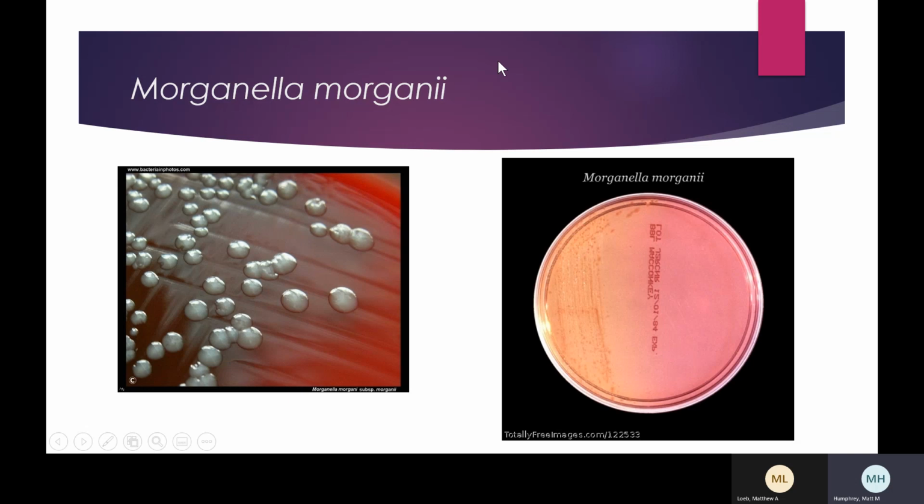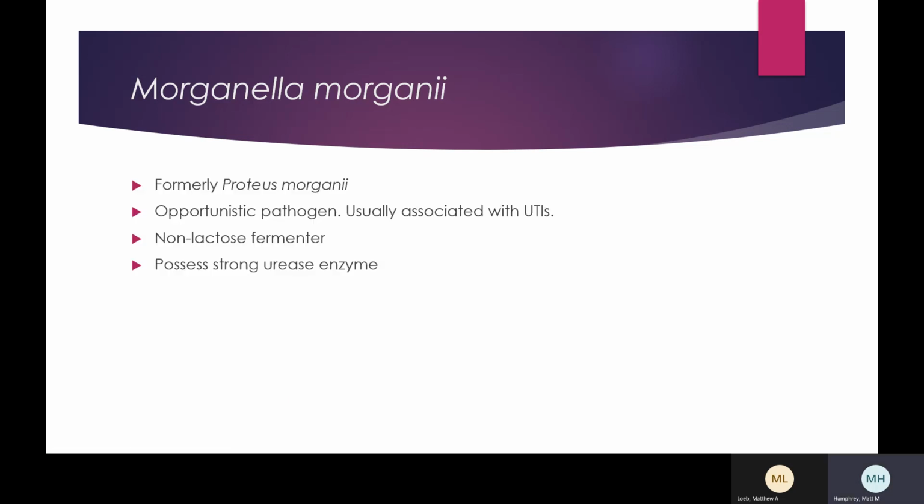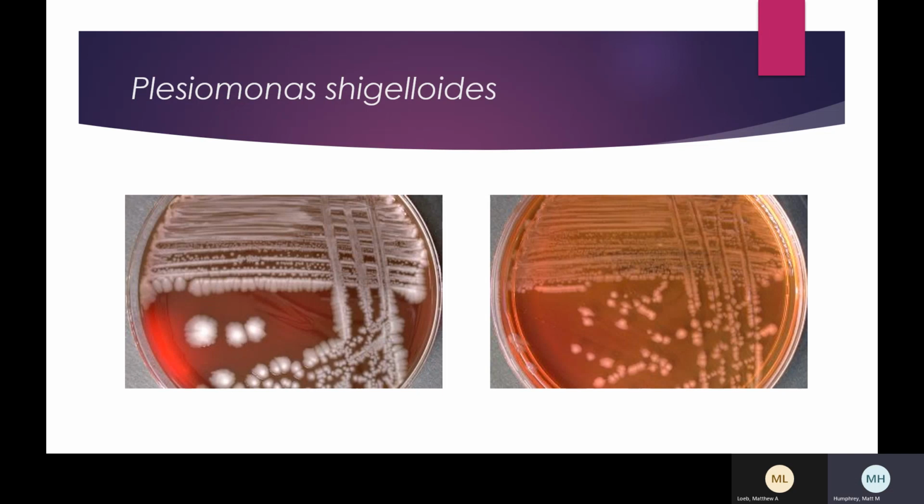It's a non-lactose fermenter on MacConkey agar. Formerly a Proteus species, so that kind of makes sense. It's an opportunistic pathogen, often associated with UTIs, and also possesses a strong urease enzyme. As far as anything else goes with that, just leave it at that. Okay. And I would stick to your chart for IDs on this one as well.